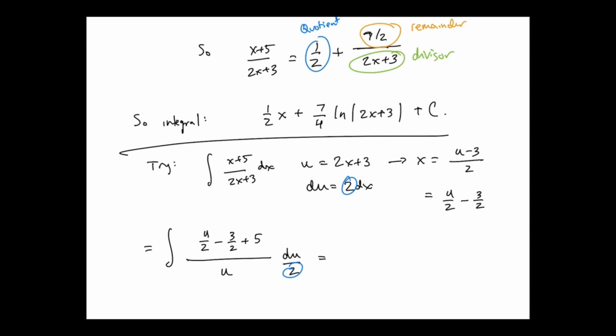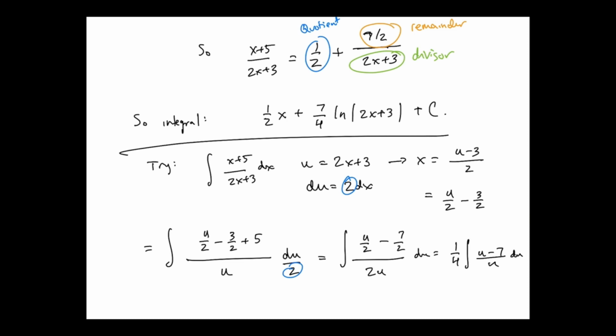well, let's see what we've got. Let's see, so it'd be what? U halves minus 3 halves plus, so that's 10 halves, so minus 7 halves, all over 2u du. So we can pull the quarter out, and then we just have u minus 7 over u du. Where?